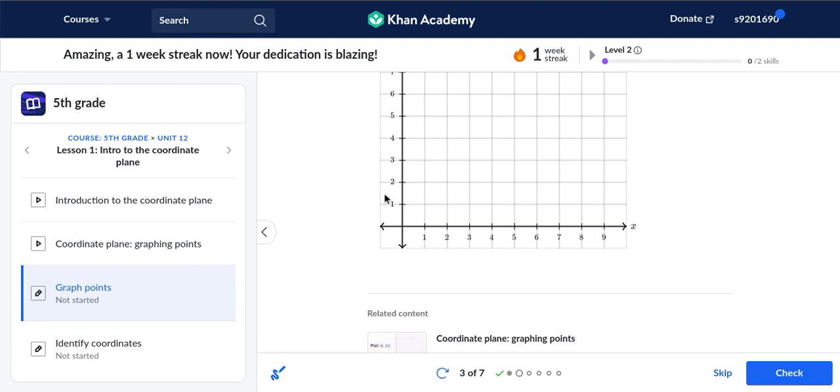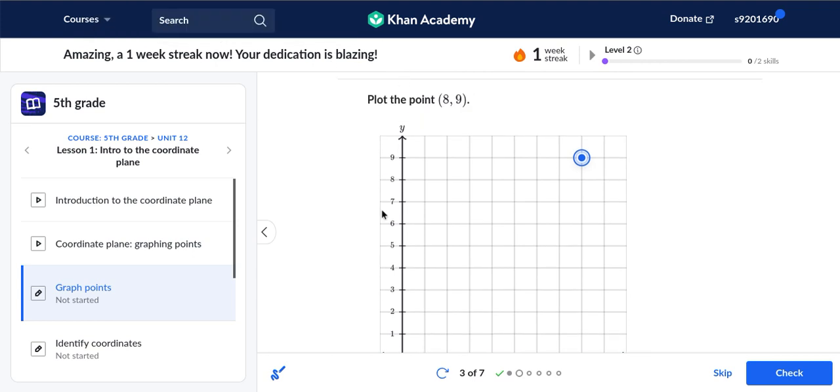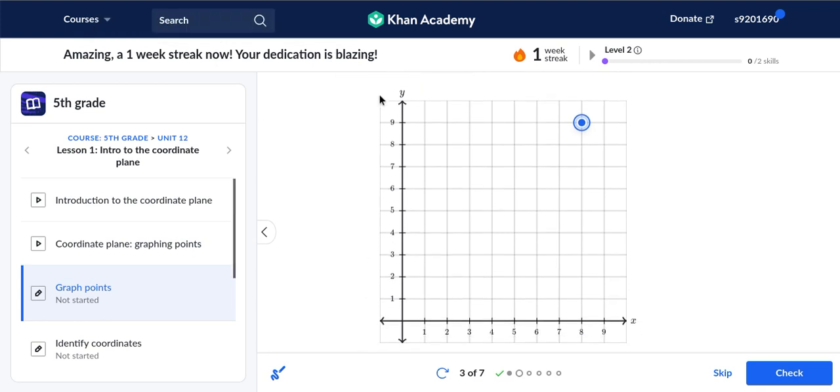The x-axis, or the x-coordinate, is where we have the numbers going across. And the y-axis, or y-coordinate, is where we have our numbers going up.